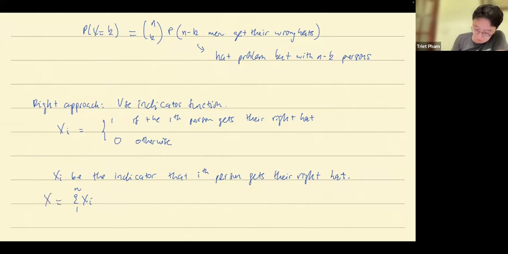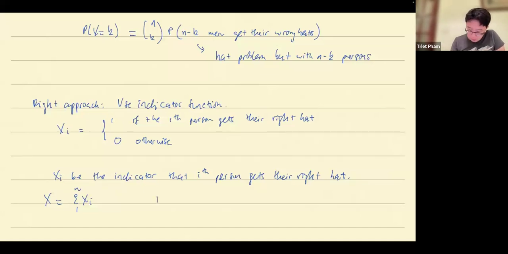This approach is called the approach using the indicator function. What's the benefit of doing so?